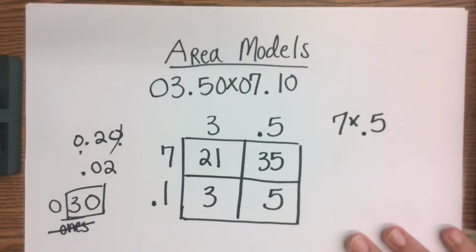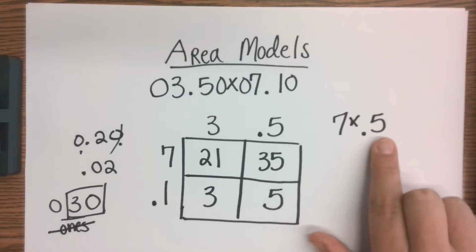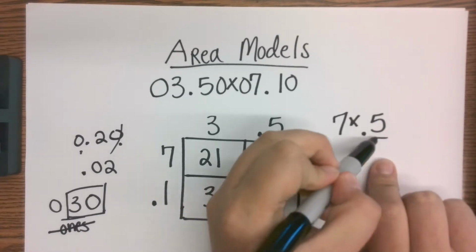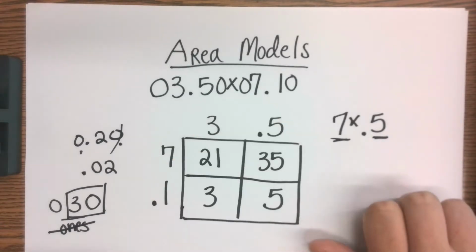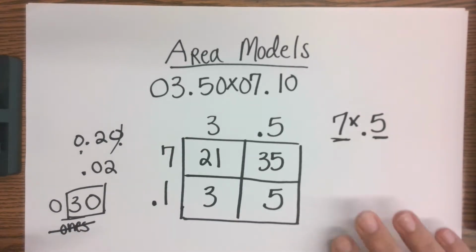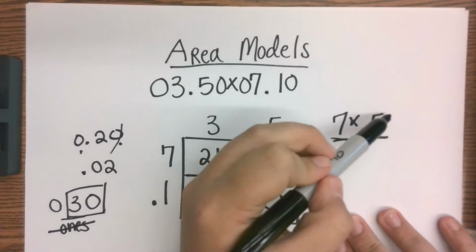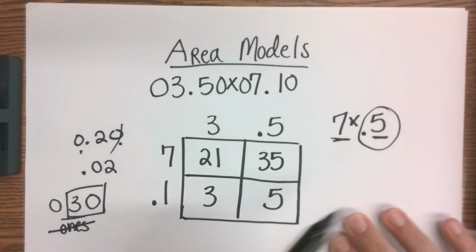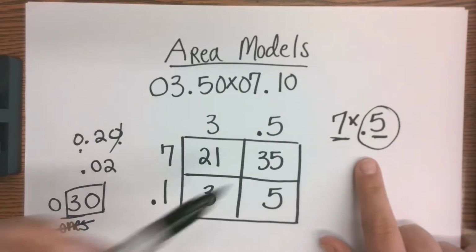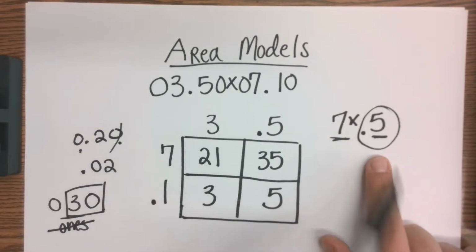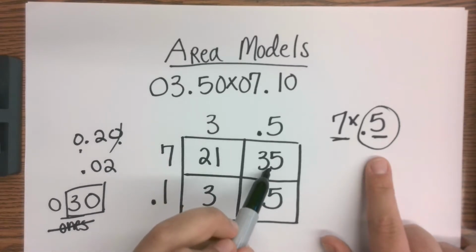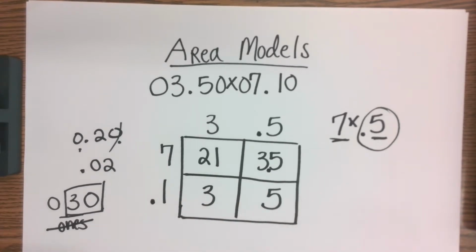Okay. Now, if you look at this, I have one place that has value behind the decimal and one place that has value in front of the decimal. Okay? We need to make sure our answer has at least one place with value behind the decimal.